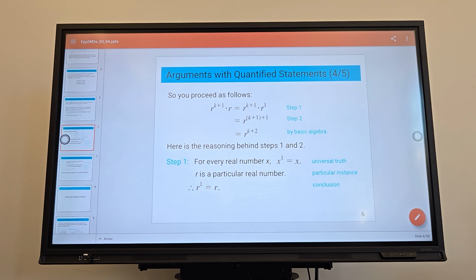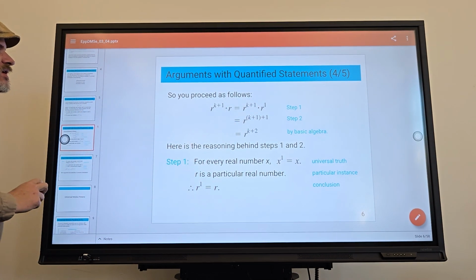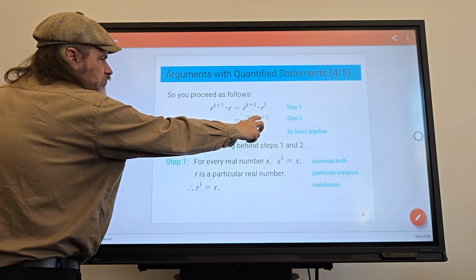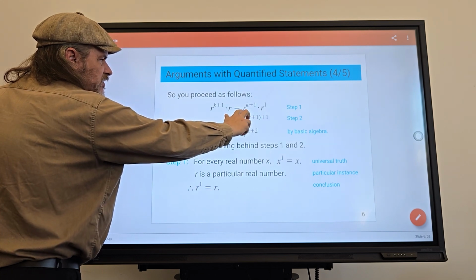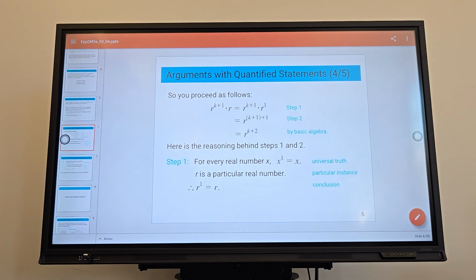So you proceed with substituting r for r to the power of 1. Then it goes to r to the k plus 1 plus 1.